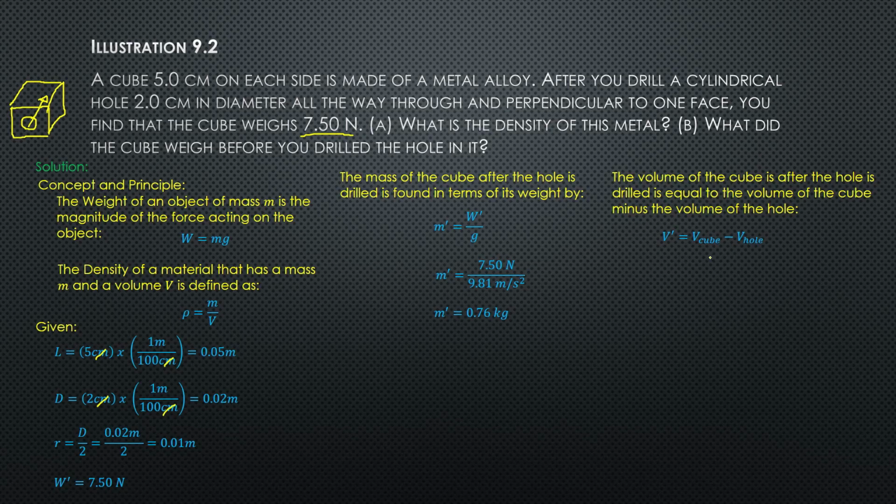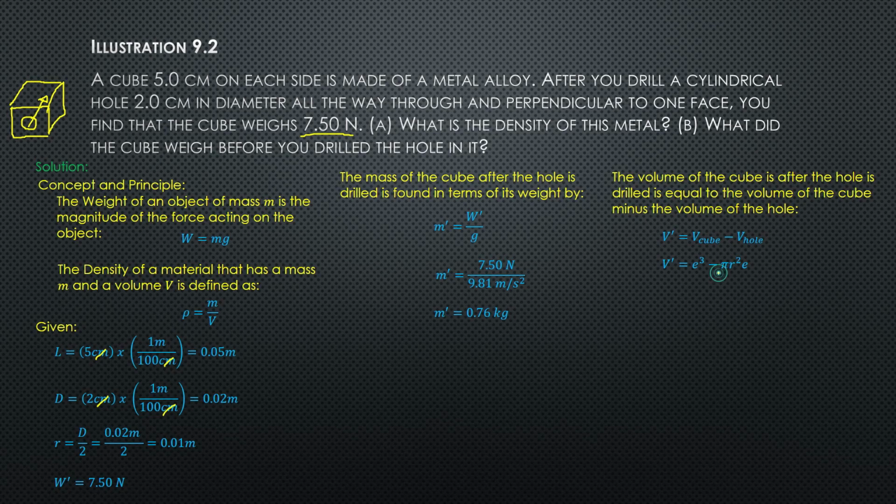So volume of the cube has a formula of edge cubed, or sometimes if you search this formula, that gives you s cubed. So e denotes the edge, and the hole is pi r squared e.